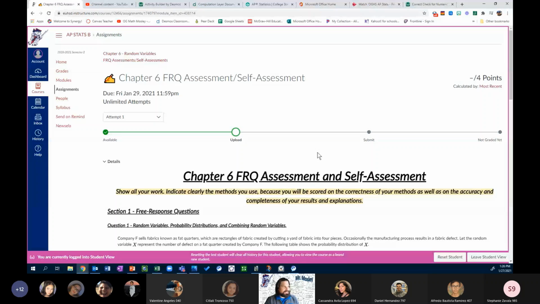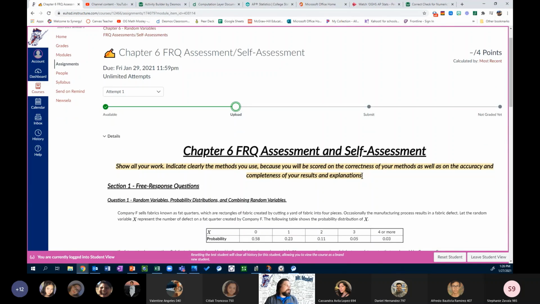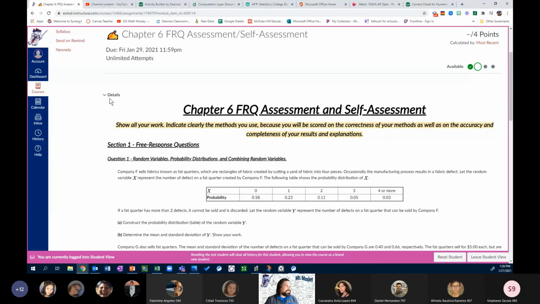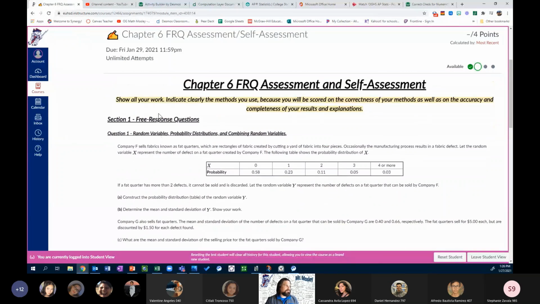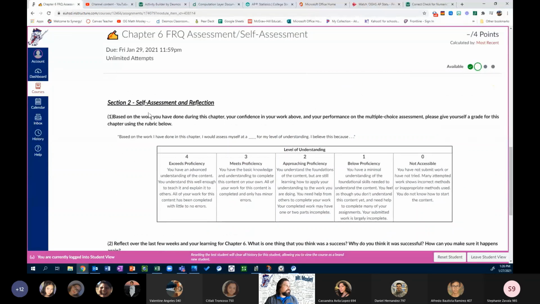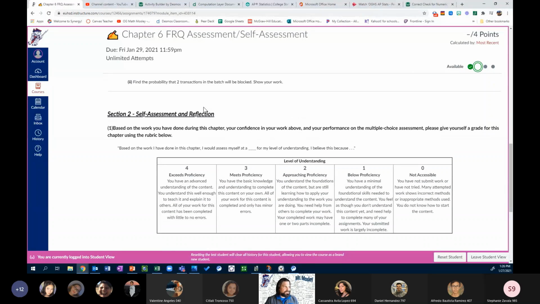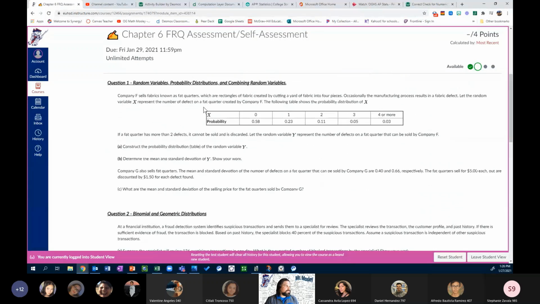So this is what it looks like. It is an assignment. It is not a quiz. This is just to allow you more flexibility on how to submit this. All the problem details and what you should do is in the details of the assignment. There's two sections. Free response question is section 1. Self-assessment and reflection is section 2. There are 2 problems in our free response question area.